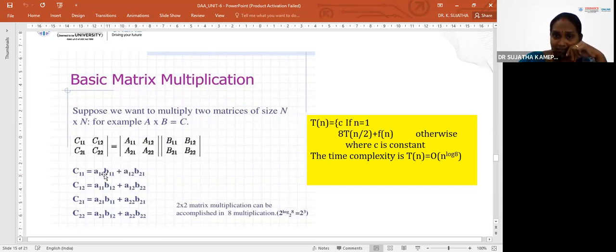Now, in digital circuits, if I want to perform one multiplication, it takes a number of additions. For example, suppose I want to multiply 4 and 3, where my A11 is 4 and my B11 is 3.